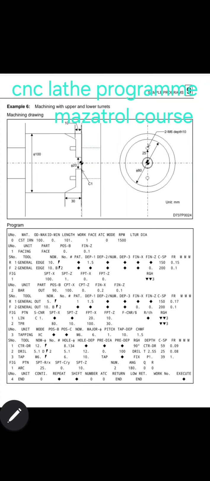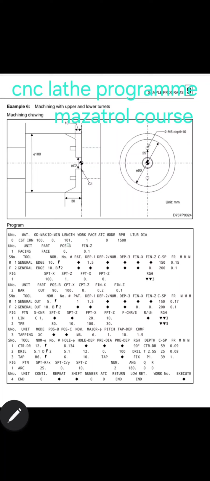This is an example of a machined part with upper and lower tolerance. The method from OD is 100 millimeter. We use 1500 RPM for the work face, at millimeter length.